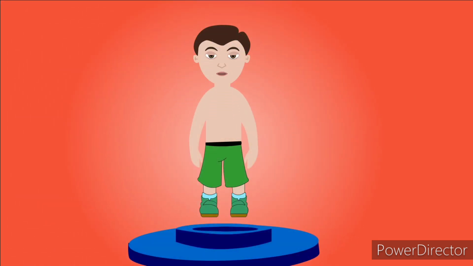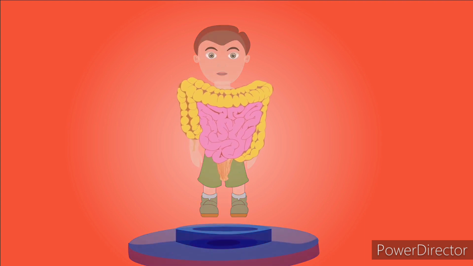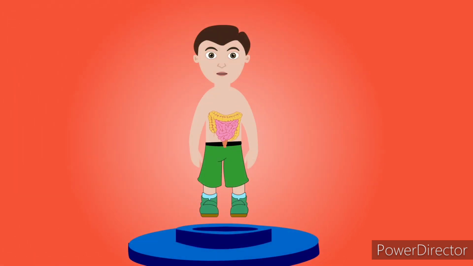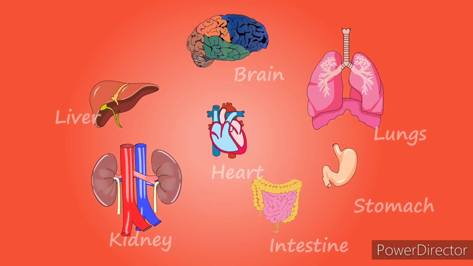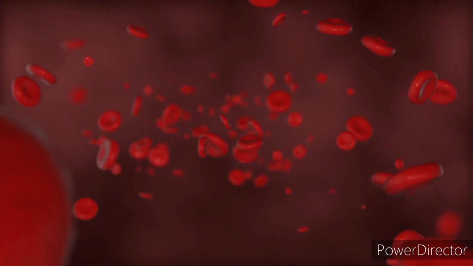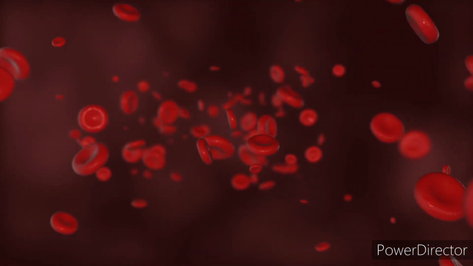So the kidneys are located on each side of the posterior side of the abdomen. Each kidney is bean shaped. So the functional unit of the kidney is called the nephron. Each kidney contains about 1 million nephrons.